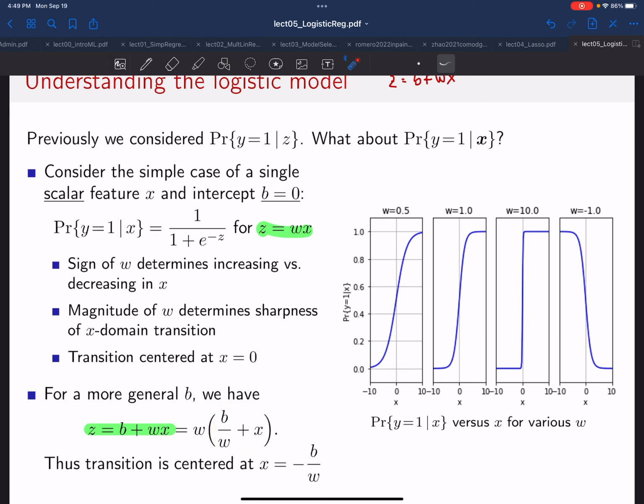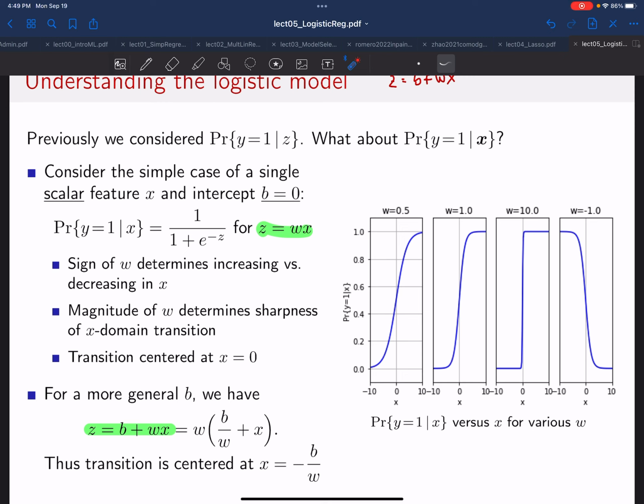To get the same behavior as before, you would need x minus b over w. That's where the transition will happen, because at that point z equals 0. So you have one of these curves, but you shift it to the right or left depending on that quantity. This is how the parameters affect our model.